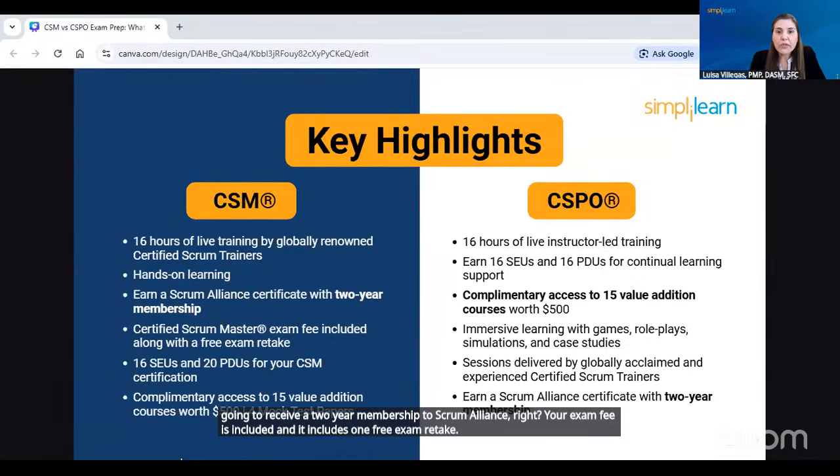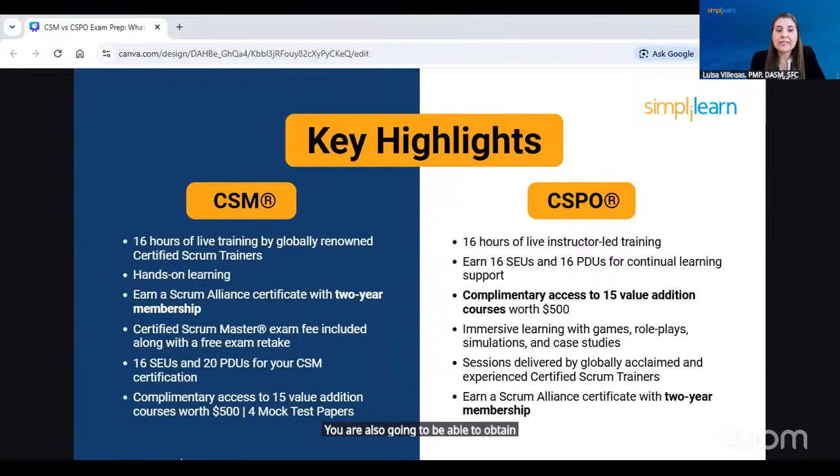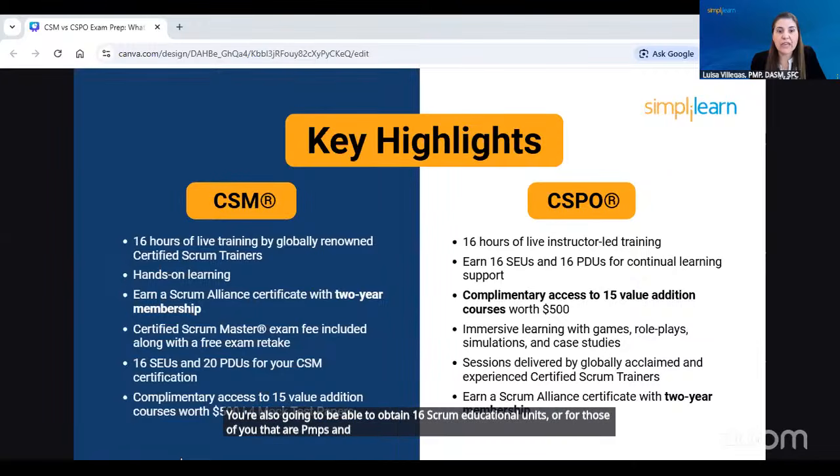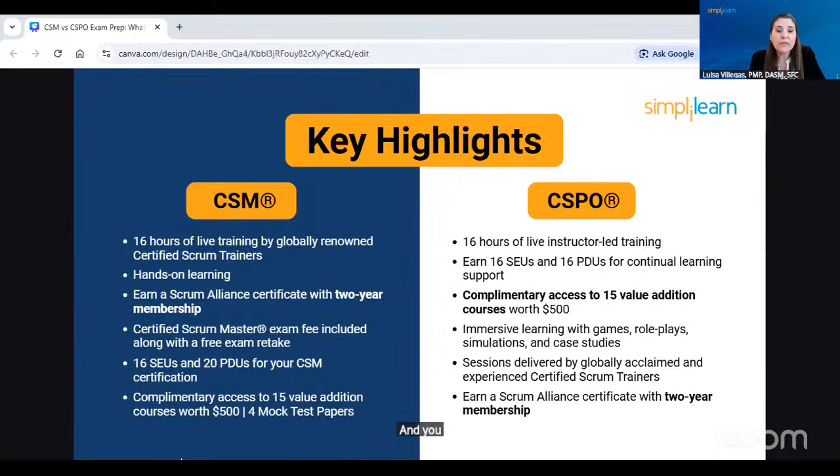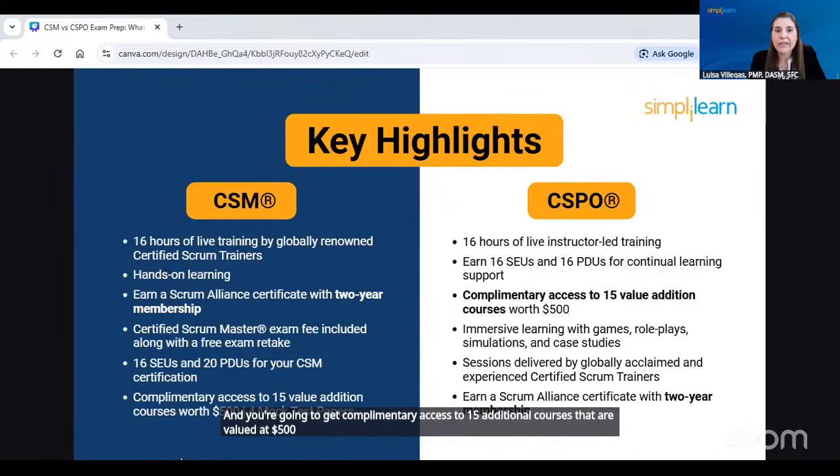You're also going to be able to obtain 16 Scrum Educational Units, or for those of you that are PMPs and that are maintaining your certification, you also receive 20 PDUs that you can apply to maintaining your PMI certifications. And you're going to get complimentary access to 15 additional courses that are valued at $500 with 4 mock test papers.